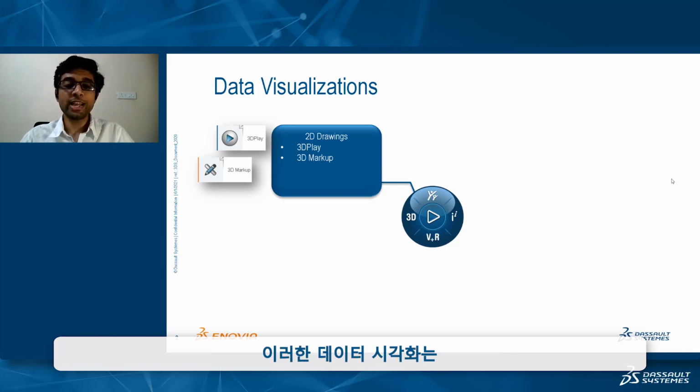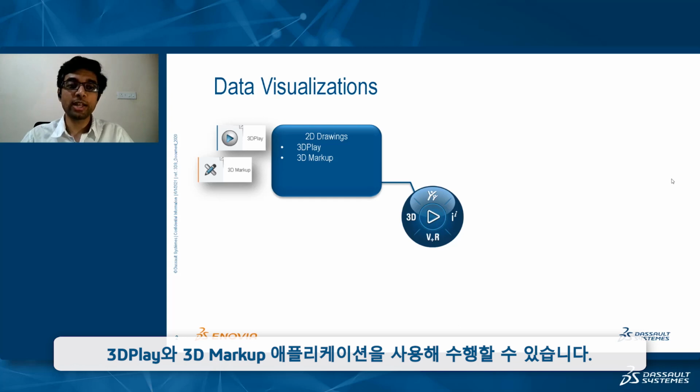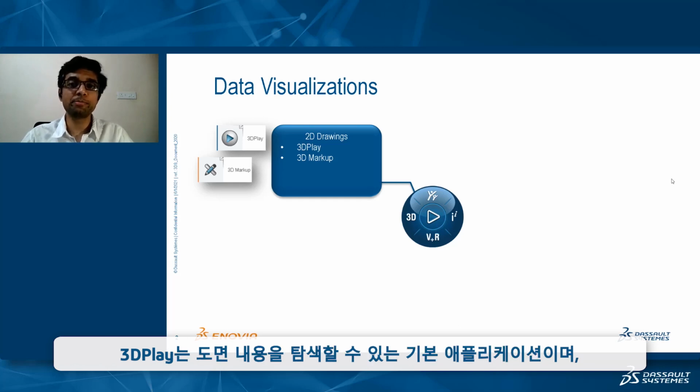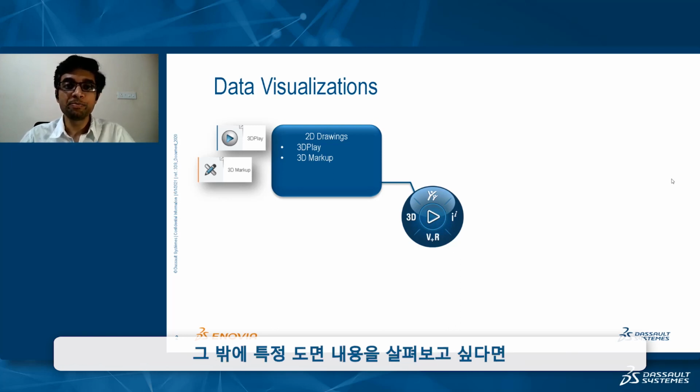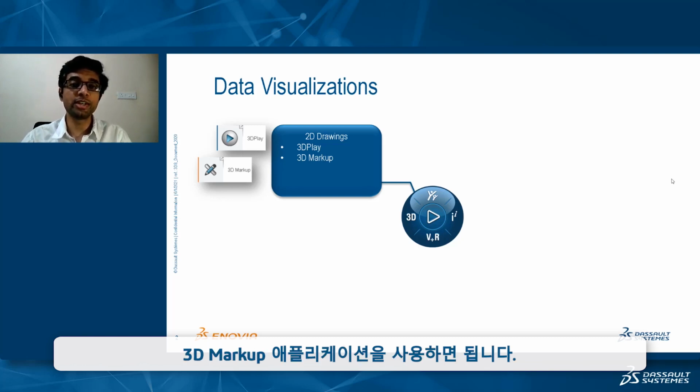This can be done using two applications, 3D Play and 3D Markup. 3D Play is a very basic application where you can navigate through the drawing content, and if you want to perform some specific reviews on the drawing, then you can use the 3D Markup application.